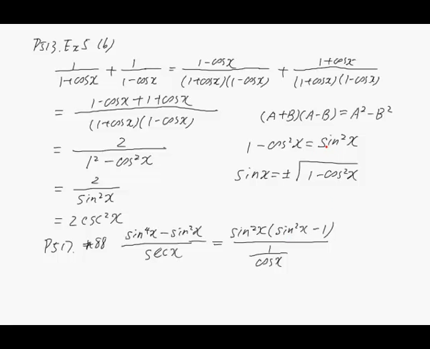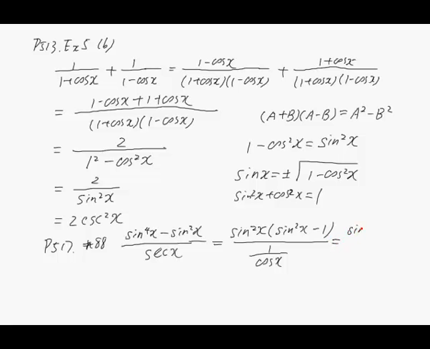You see, from the fundamental identity, if you have sine square x plus cosine square x equal to 1, you move this 1 to the left side and move the cosine square x to the right side, you get sine square minus 1 equal to negative cosine square, right? So this is the negative cosine square.